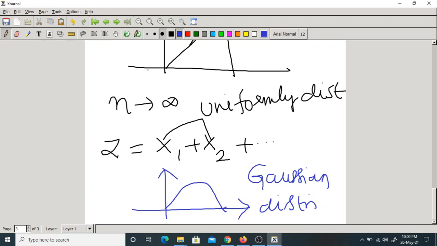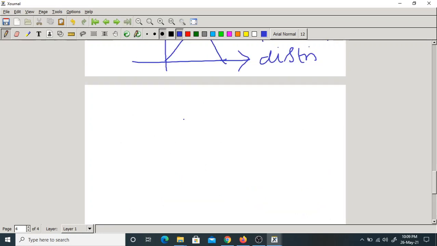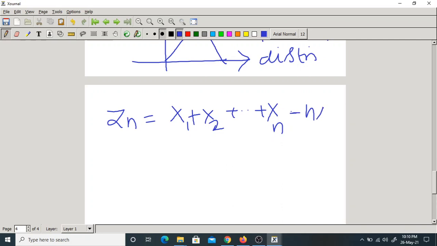What Zn have we defined? (x1 plus x2 plus so on xn minus n into mu) by sigma into root n, isn't it?